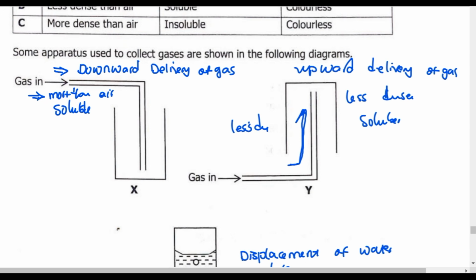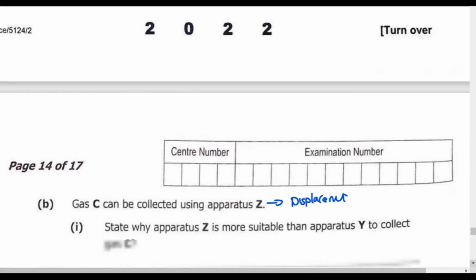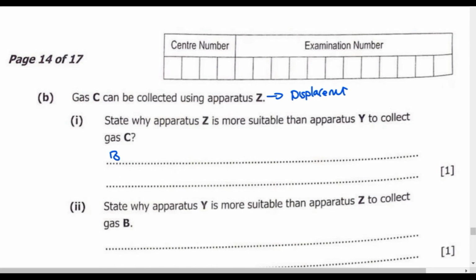Now gas C is more dense, so it cannot go up because of the density. So say because gas C is more dense and insoluble in water.